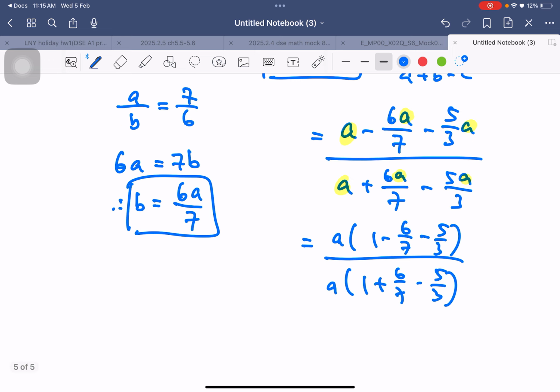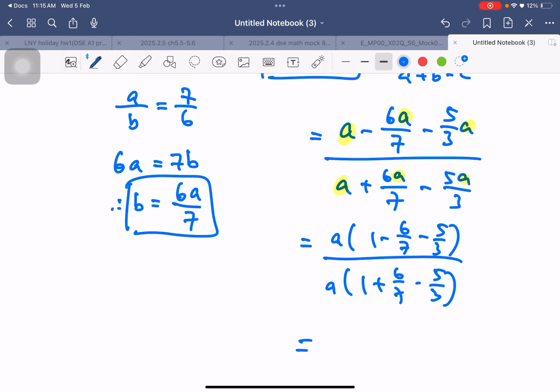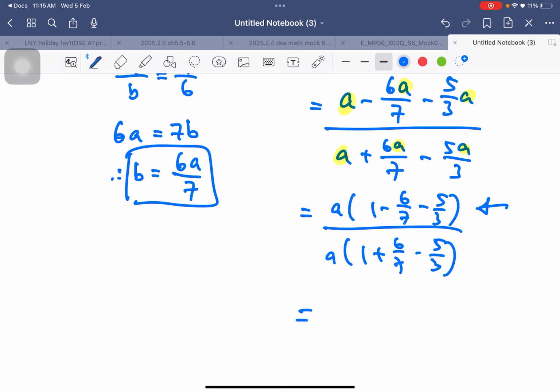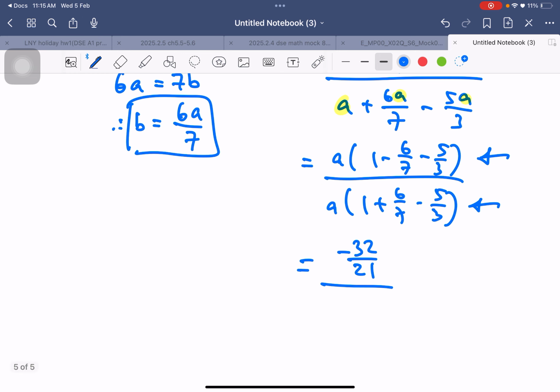Then use your calculator, what do we have? For the numerator, we have negative 32 over 21, divided by, for the denominator, we have 4 over 21.